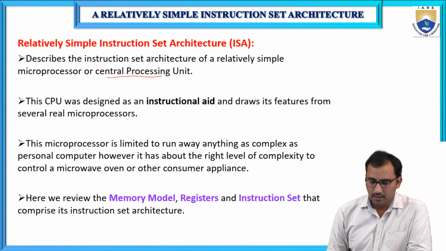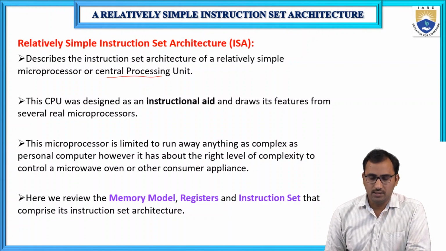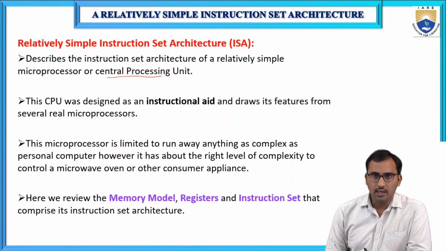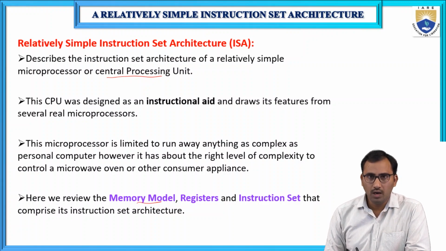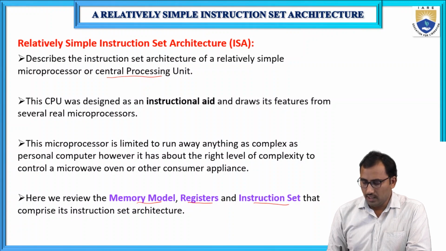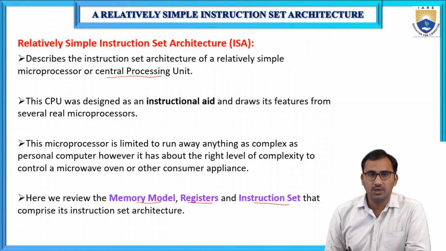However, it has about the right level of complexity to control a microwave oven or other consumer appliances. Mainly in this lecture, we are going to review the memory model, the registers, and finally the instruction set associated with the instruction set architecture.